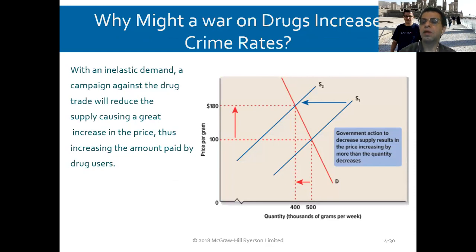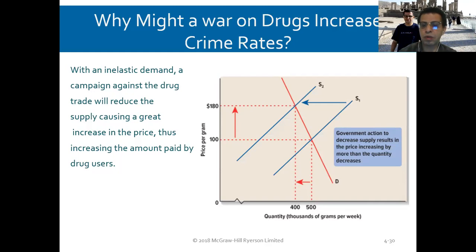To explain it, drugs generally have inelastic demand. A campaign against the drug trade will reduce the supply of drugs, because people will be scared to supply drugs. So with inelastic demand and a campaign against the drug trade reducing the supply, there is a great increase in the price, and thus an increase in the amount paid by drug users.